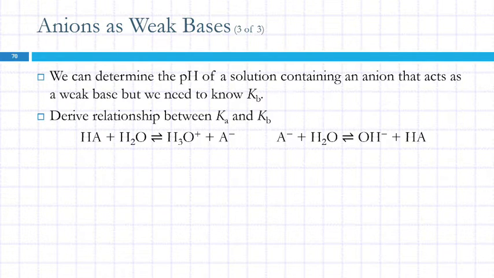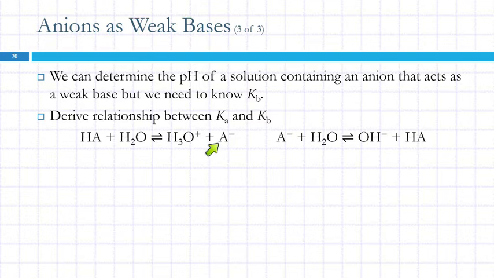So we can figure out the pH of a solution containing an anion that acts as a weak base, but we need to know what Kb is. So an anion acting as a base is the conjugate base of an acid. So here's the acid. The acid reacts with water to form hydronium ion plus A minus.